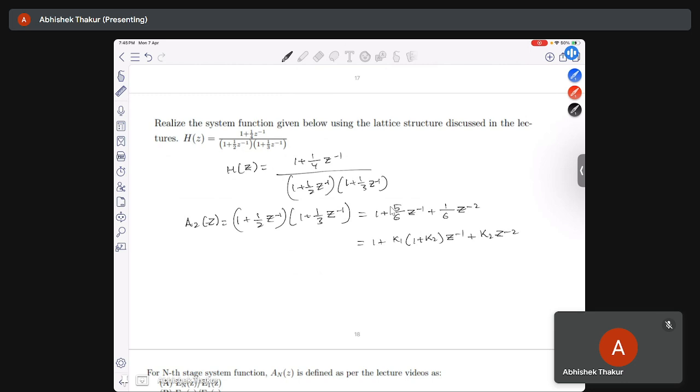So from here we will get K2 is equal to 1 by 6, and how much will be the K1? So 1 by 6 plus 1, that is 7 by 6, K1 times 7 by 6 equal to 5 by 6. So K1 is 5 by 7.